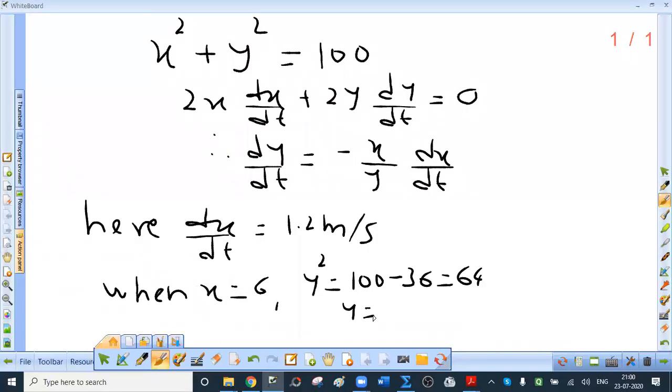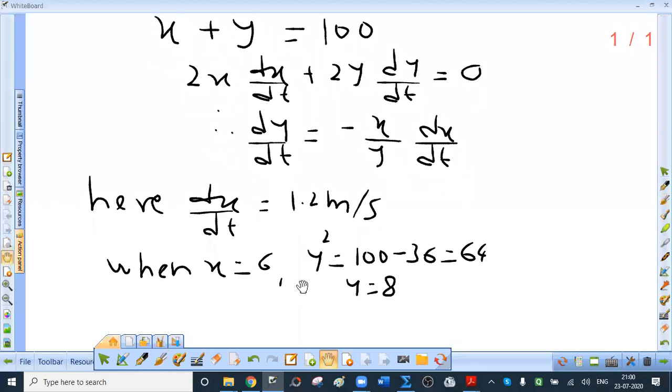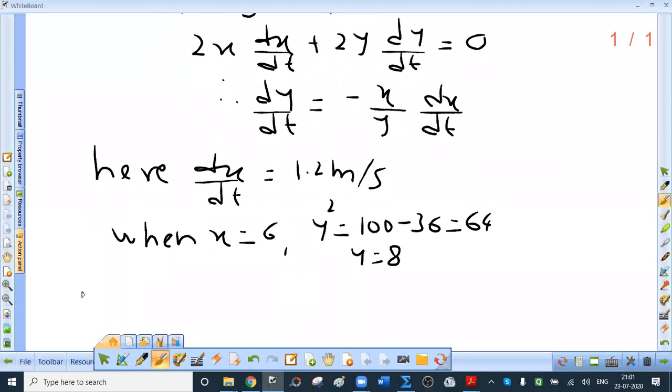So y equal to 8, and therefore I will write dy dt equal to, substitute the values, minus x upon y. So minus 6 upon 8 into what?